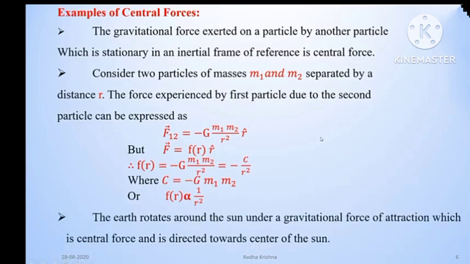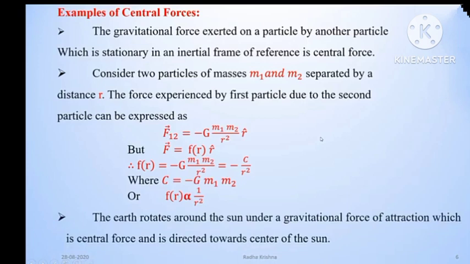Next, examples of central forces. The gravitational force exerted on a particle by another particle which is stationary in an inertial frame of reference is a central force.